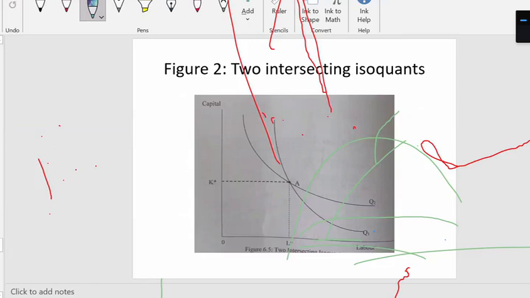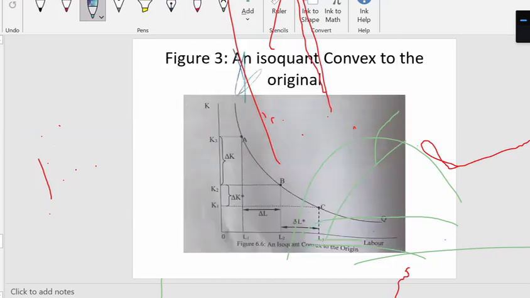Combination. Turudi kwenye hii table yetu hapa, sawa? Just consider this figure. For instance, you are producing, tuseme, what kind of commodity? Let me ask, what kind of product do you want to produce?